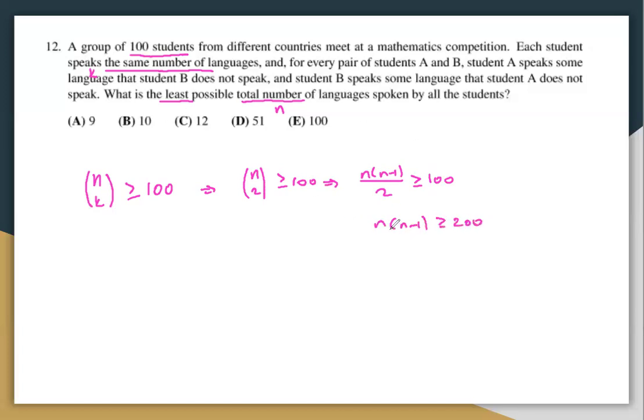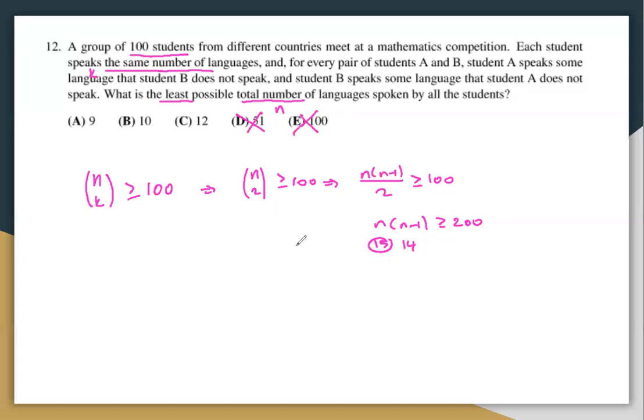Since n is an integer, you can guess some reasonable numbers. If you go with 15, 15 times 14 is 210, and half of that is 105. That's larger than 100, so n could be 15.